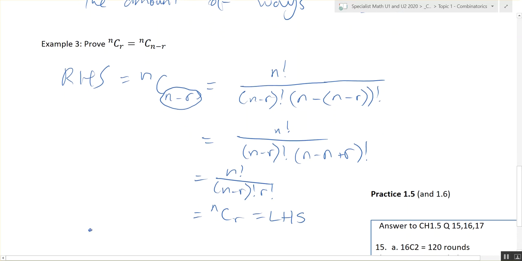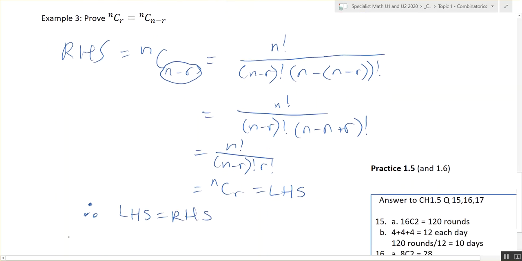So we write, therefore, left-hand side equals right-hand side. So NCR equals NC(N minus R) is true. So it's important in a proof to finish with the original statement from the question.